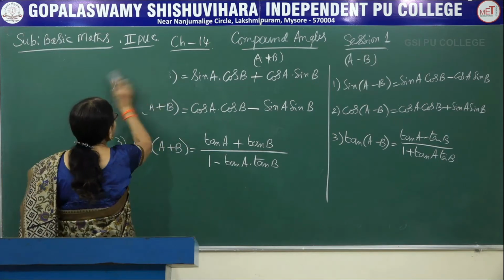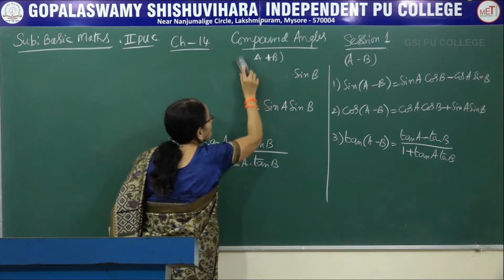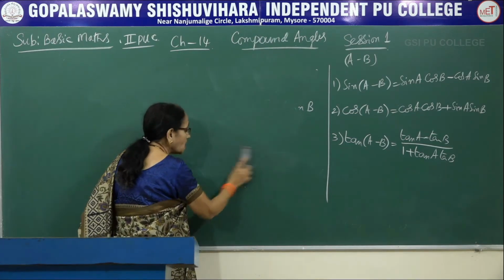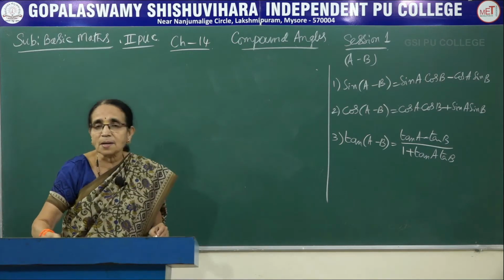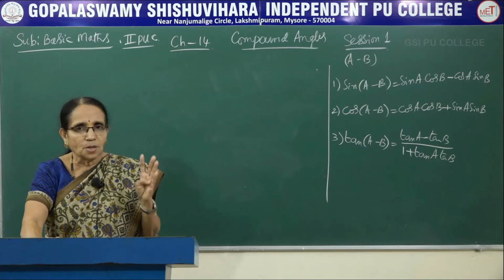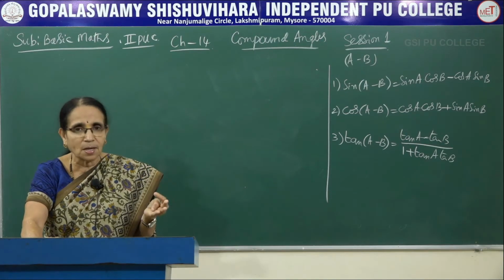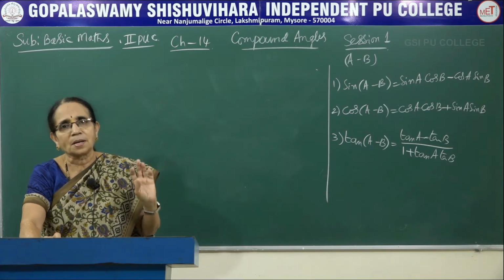Now using these formulae, I am going to work out some standard values. Again, in first year PUC, I had mentioned the trigonometric ratios of standard angles. What are they? 0 degrees, 30 degrees, 45 degrees, 60 degrees and 90 degrees.